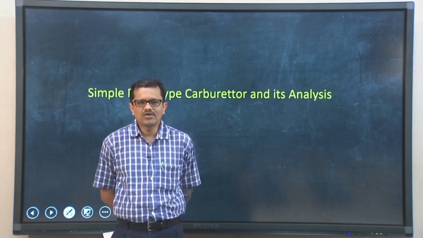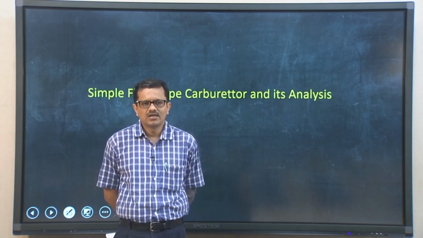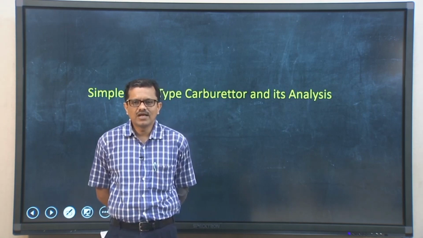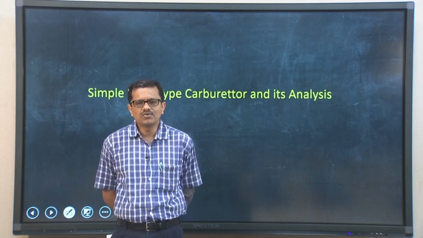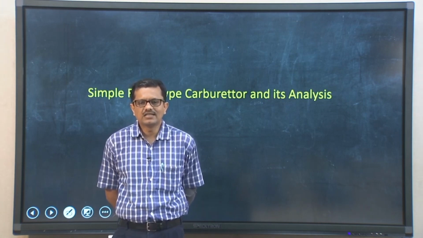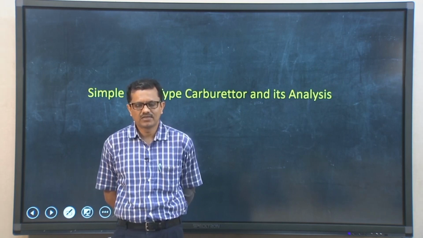In the last class we have also discussed it is very unlikely that the engine will always get stoichiometric air fuel ratio. Instead, considering several regimes of engine operation, we have discussed that the carburetor would be able to provide air fuel mixture or fuel air mixture in a given range, and that is the combustible range of any particular type of fuel.